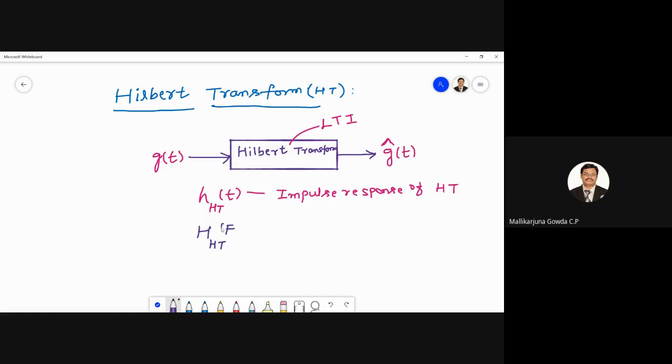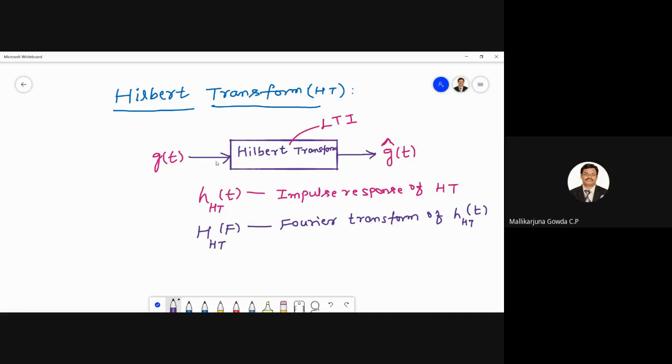I can either use small f or capital F. This will be the Fourier transform of the impulse response of the Hilbert transform. This is the notation which I am using here.